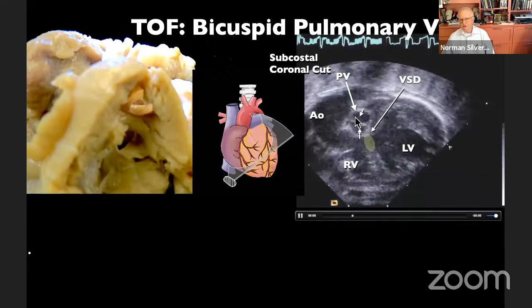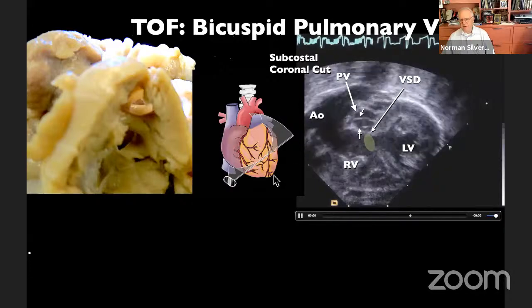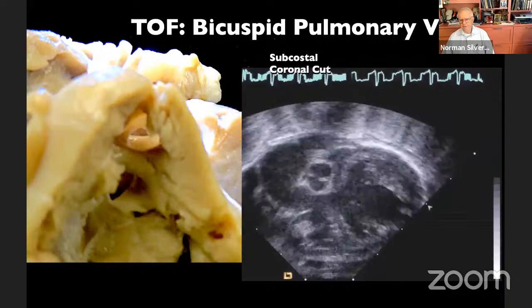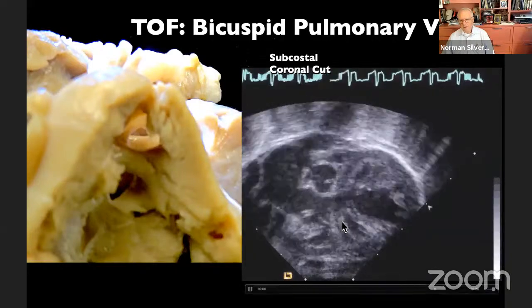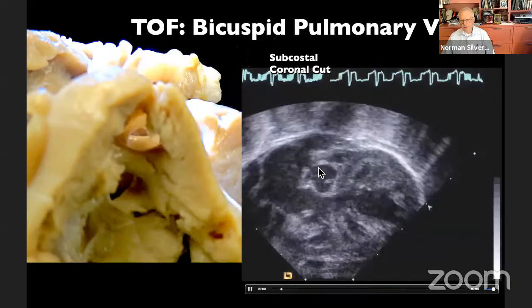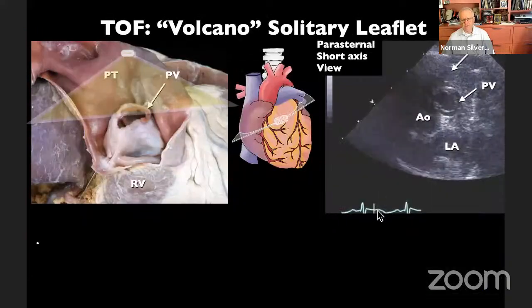And you can see very beautifully here that the valve leaflet is truly a bicuspid pulmonary valve leaflet. And here is the aorta coming out and crossing and keeping the pulmonary valve inside of its crux.